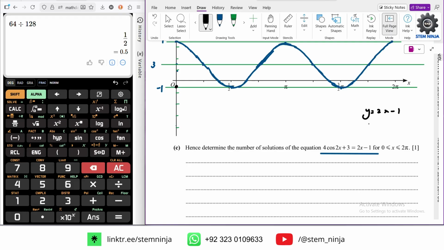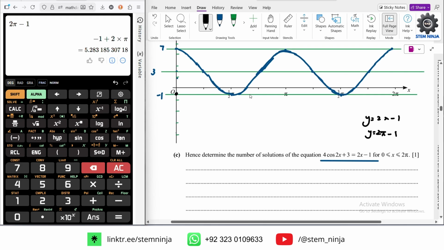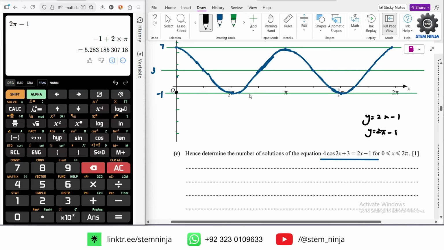So y equals 2 pi minus 1. So 2 pi minus 1 is 5 point something, 5.2, right.